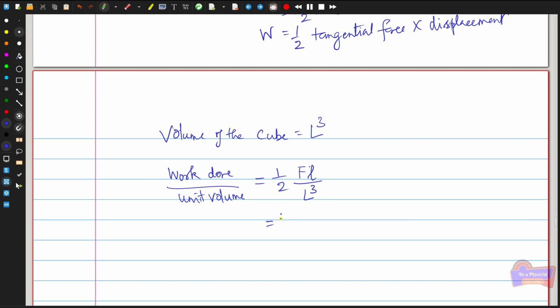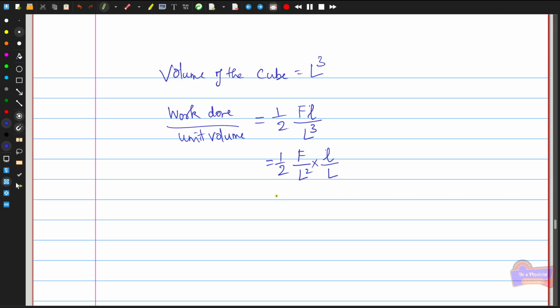I can write this as half F divided by L squared into small l divided by capital L. Just for mathematical simplification, I can write this again as F divided by L squared as F by A, because L squared is nothing but the area of cross section.